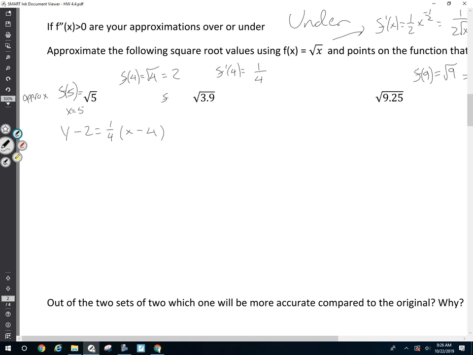Here we want to approximate f of 3.9, which gives us root 3.9, so we need to use x equals 3.9. That's important. If I want to approximate root 5, I'm going to be thinking about approximating f of 5. Again, f of 5 will replace y, 5 will replace x. Add the 2 over. I get 2 plus 1/4, so 2.25 or 9/4.